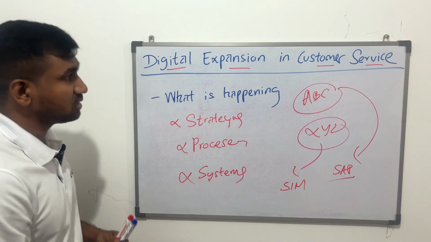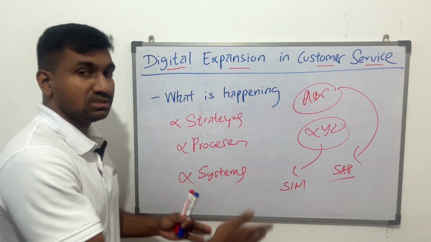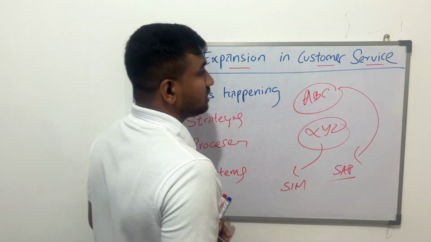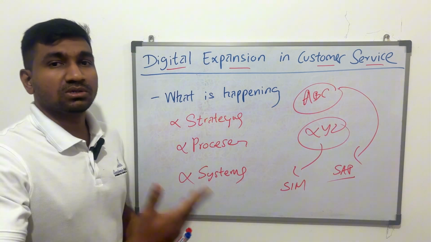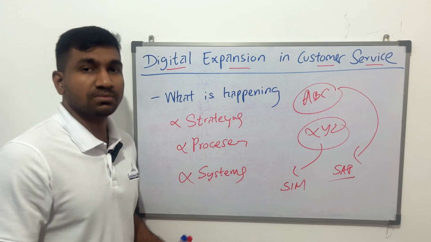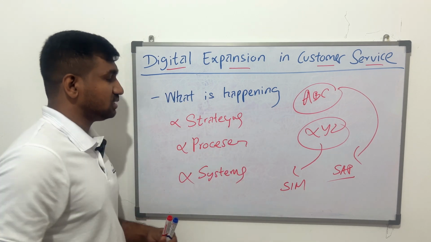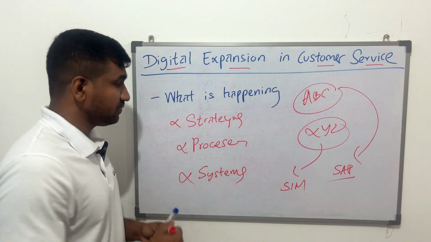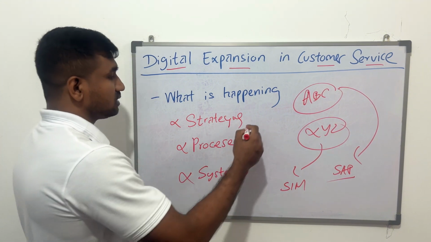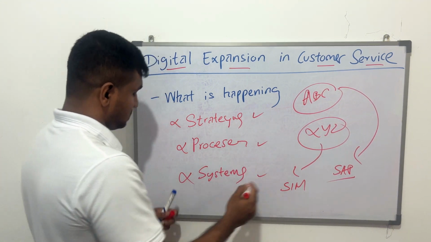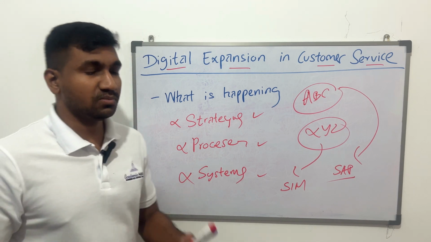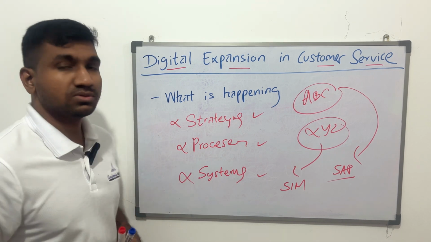In terms of this company, they are using these systems to increase their customer service, maybe to target their customers, maybe to promote something digitally. So under what is happening in the company, you can touch on many things: strategies, processes, systems as well. If you have any more information, you can plug it in under this section.